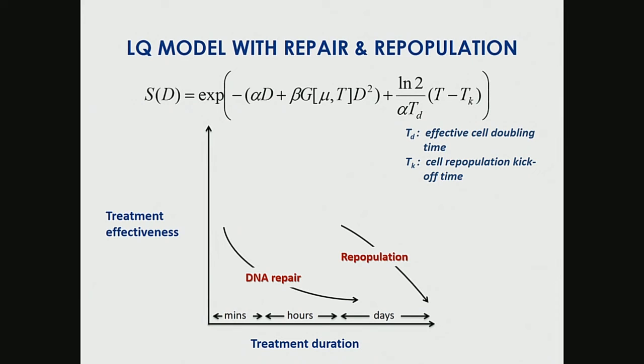This represents only 2 of the 4 R's in classical radiobiology. The other 2 R's include reoxygenation and cell cycle redistribution.